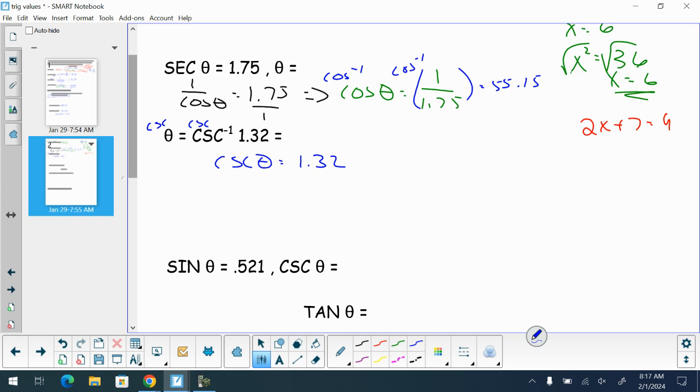Cosecant of theta is 1 over what? We can rewrite this as 1 over sine of theta is 1.32. Flip both of your sides. We're just following the same method of madness we just did above. So we have sine theta is equal to 1 over 1.32.